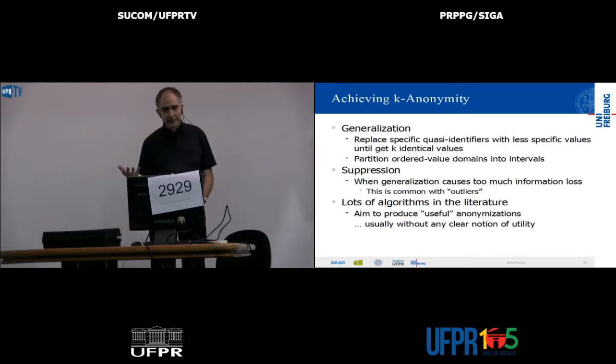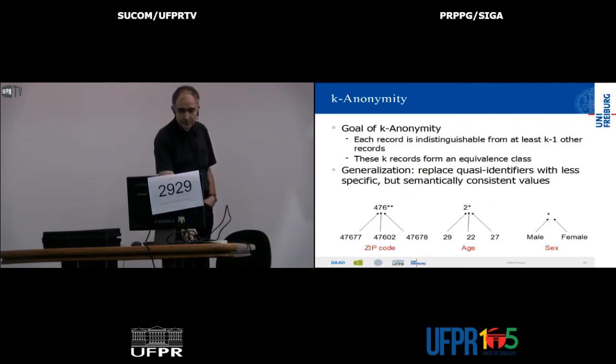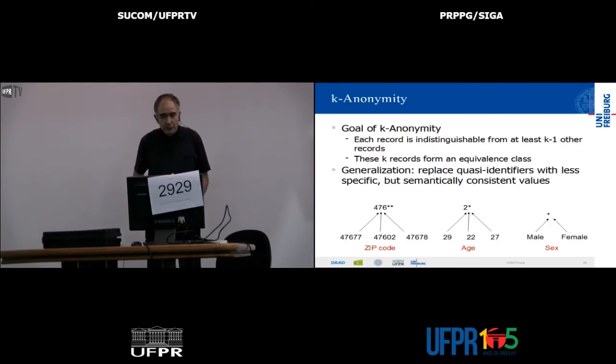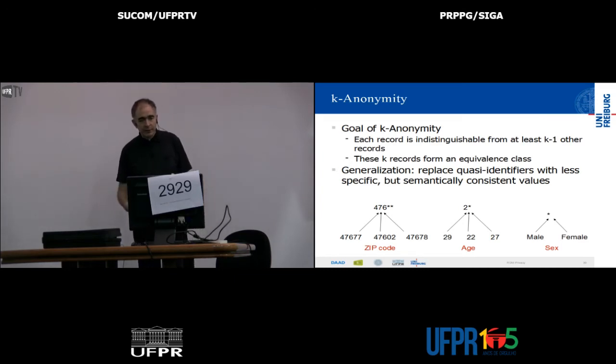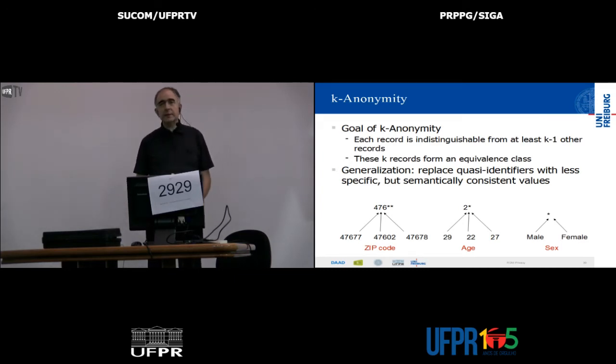At least what the writer of the algorithm thinks, because it's not under control what you have as side channel attacks using other databases. The goal is to have a record made indistinguishable from at least K-1 other records. So there are always another K-1 bodies in that list.